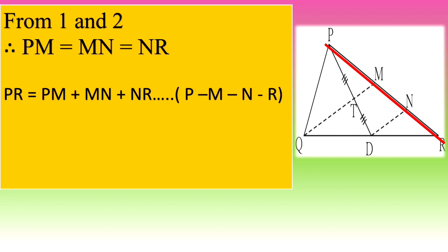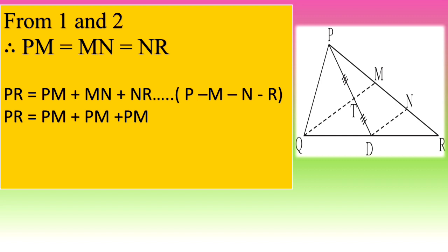All the points lie on the same line. So PM equals MN and MN equals NR. So here we can take PR equal to PM plus PM plus PM. So how many PM do we get here? 3 PM. So PR equals 3 PM.